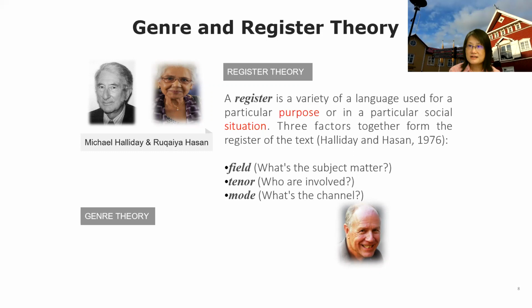So a register is a variety of a language, or you could think of it as a subset of a language. Every language can have many different registers suited for different content topics or content domain topics, used for a particular purpose in a particular social situation.